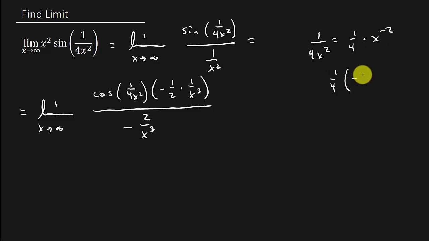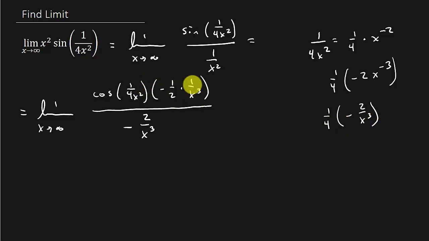So that's going to be times negative 2x to the negative 3. I'm not multiplying the negative 2 times the 1/4, but then we've got 1/4 times negative 2 over x cubed. This is the same as this, but I hope you can see now why I redid it like this and didn't leave it like this.